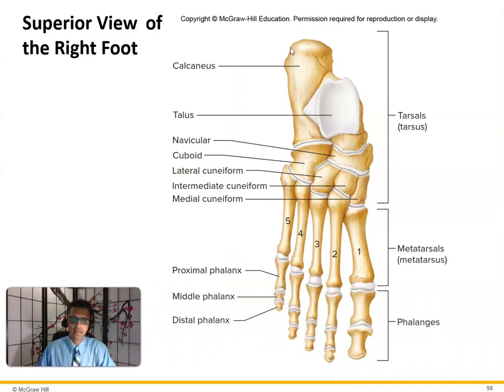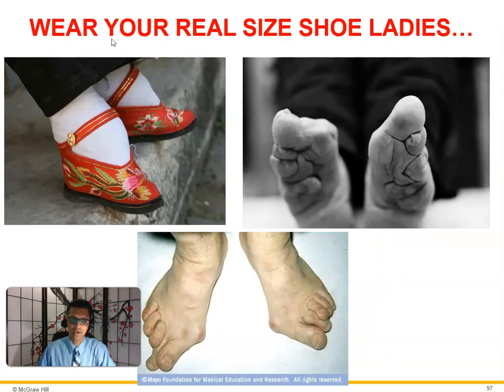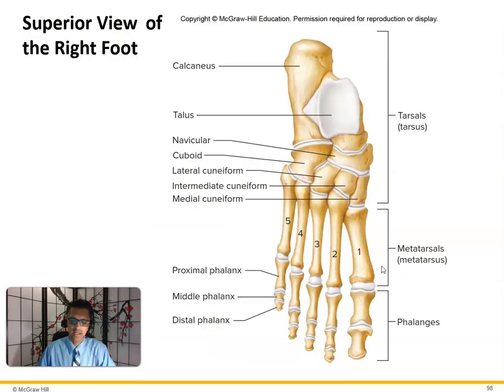And here's the calcaneus, the tarsal, the lateral cuneiform, the intermediate and cuneiform. On the previous slide, I said wear your real shoe size, and the reason is about 10 years ago, women were removing the third metatarsal so they could fit into high heels. So they're actually removing this bone so that they would get a narrower foot.